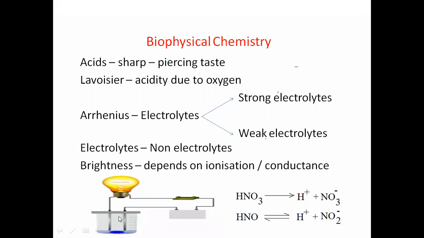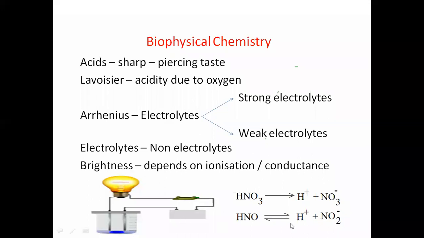If non-electrolytes, the bulb will not glow. Even among electrolytes, for strong electrolytes the brightness of the bulb will be high, and for weak electrolytes it will be dull glowing. And when you promote ionization, when more and more ions are generated, the brightness will gradually increase.